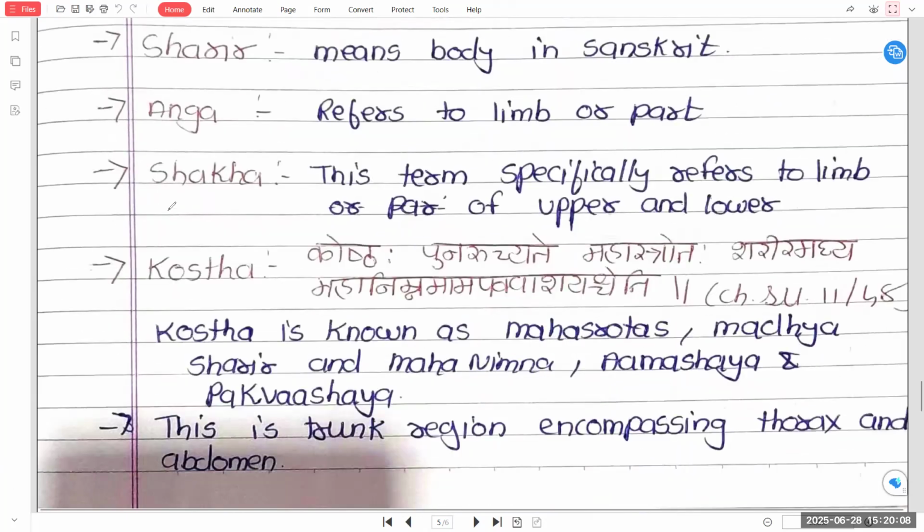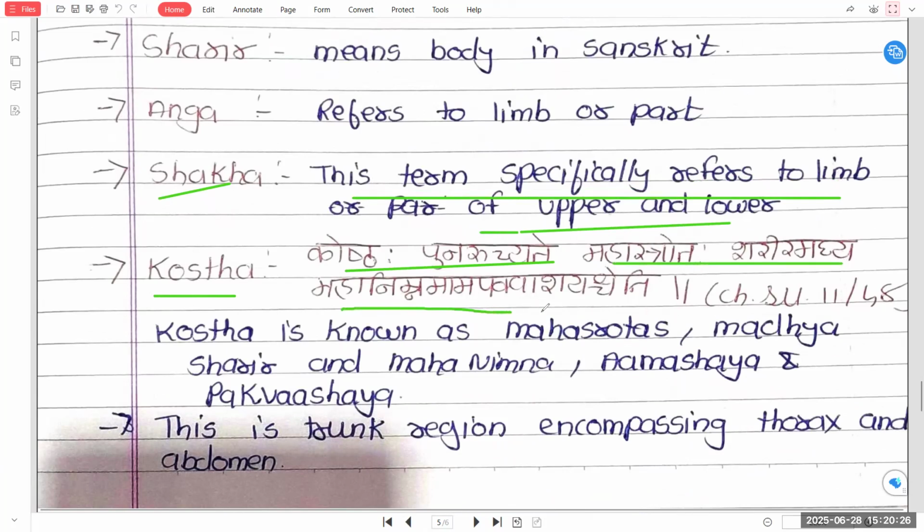So what exactly is the Shakha? Shakha is the term specifically referring to the limbs, the upper and the lower. Koshtha, or the Madhyam Sharir: Koshthah punar uchyate mahasrotah sharira madhyam mahanimnam amapakvashayashcha iti. Charak Acharya has given this reference.